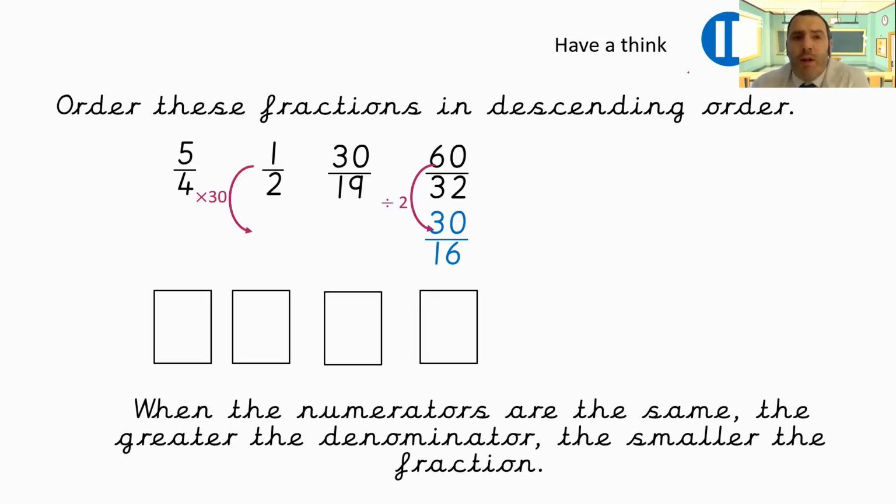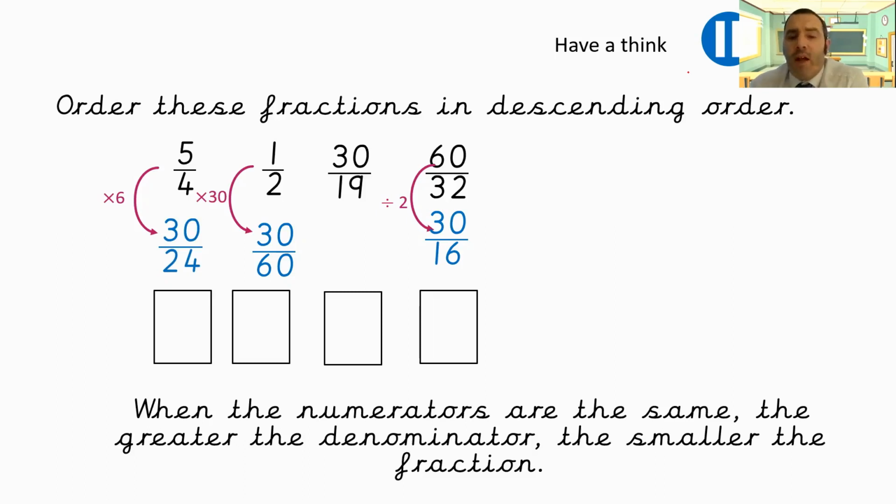What I do to the numerator, I do to the denominator, 30 over 60. And our 5/4 at the end is going to be multiplied by 6 because we know that 6 5s makes 30, 30 over 24.